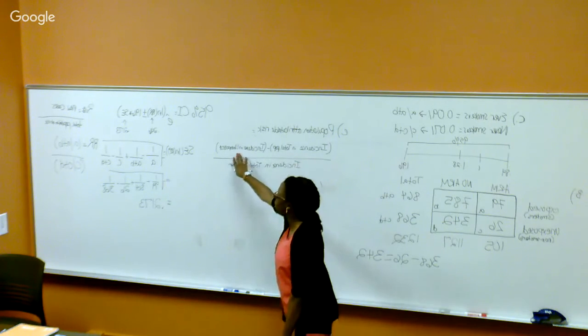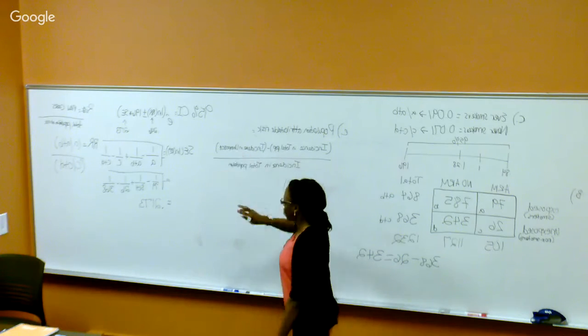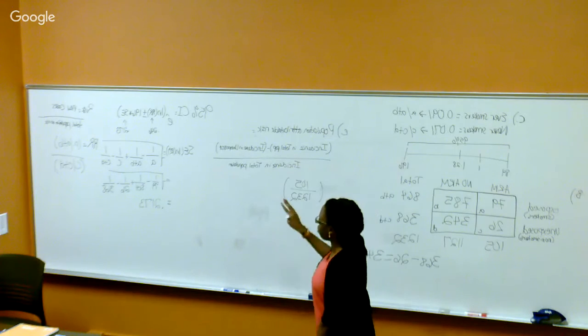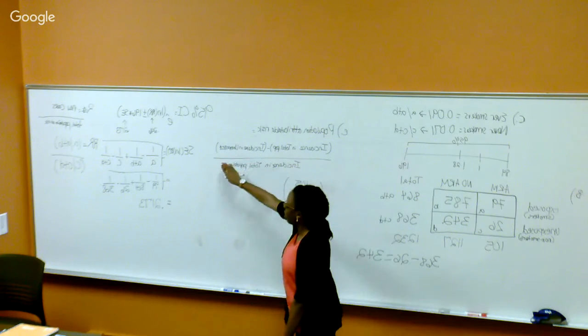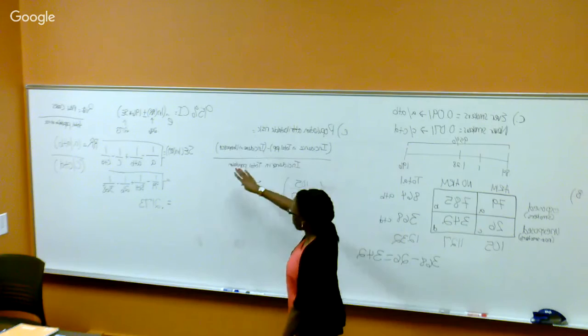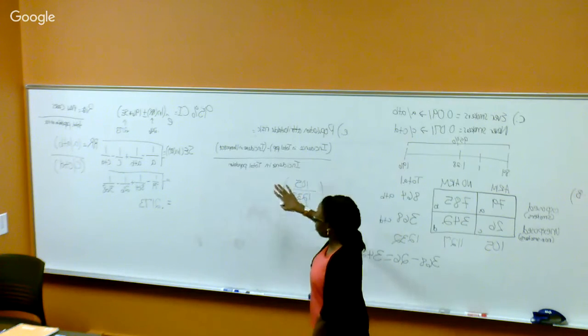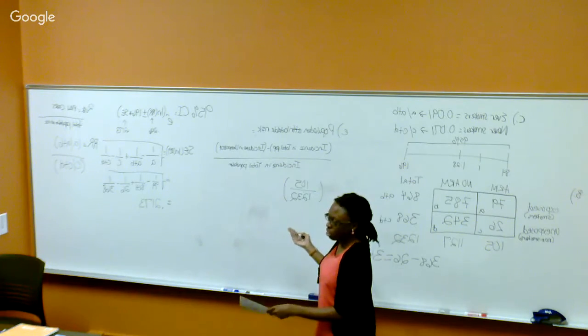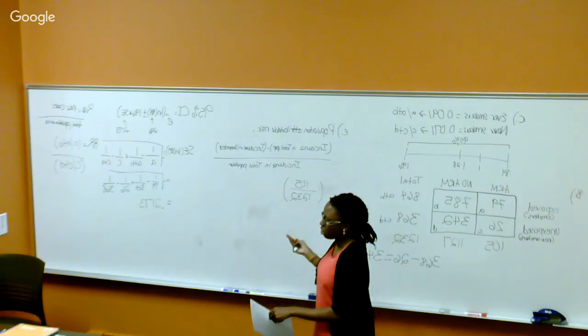Because this is considered your baseline risk. And so you're trying to take away whatever the baseline risk might be to just get what would have been attributed to the smoking. Does that make sense?